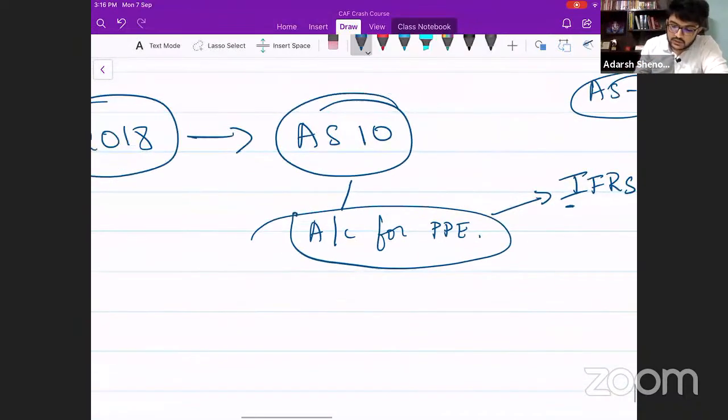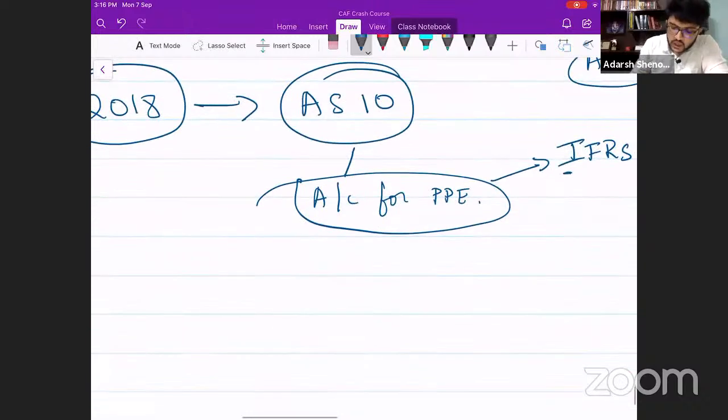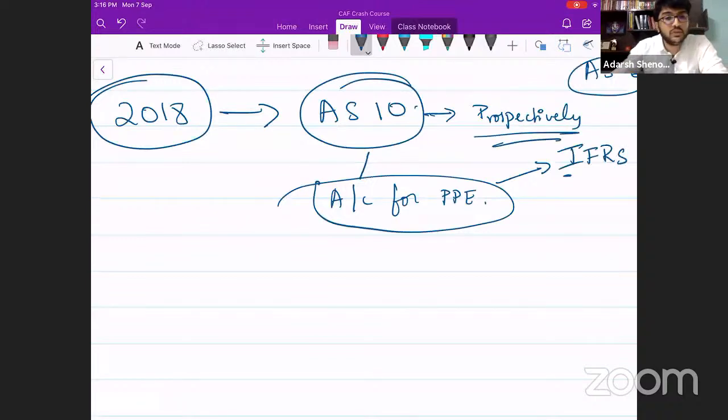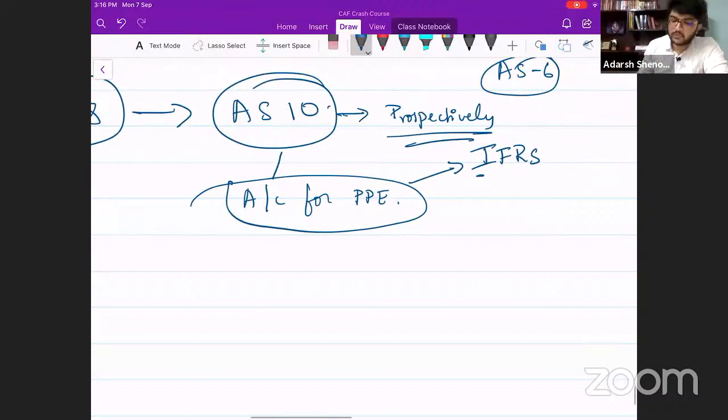But now, ever since AS 10 has been introduced, under AS 10 they say you have to follow the method of depreciation prospectively. The option for retrospective has gone off. But in the RTP of November 19, the last attempt, or some mock test paper, I saw a problem which they had asked for retrospective.